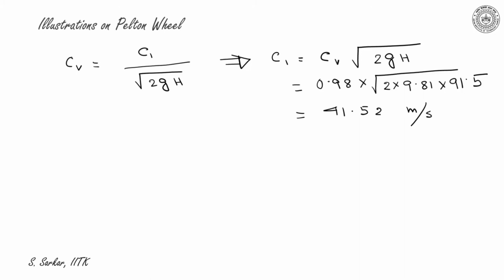Hence now U is equal to 0.46 into C1, because the ratio of bucket velocity by absolute velocity of the jet is given as 0.46.